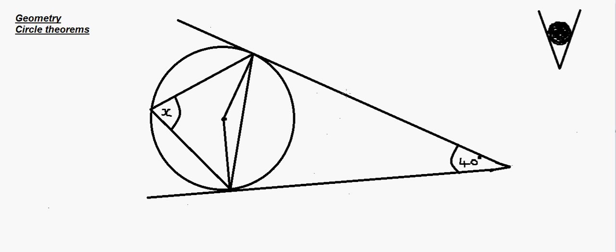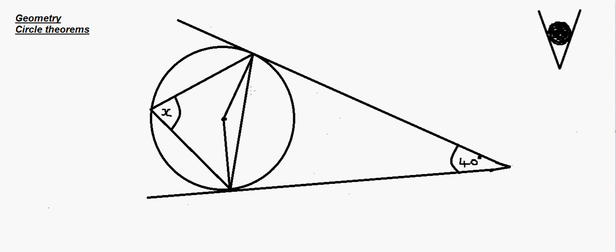As with most things in mathematics, I tend to break it down into 3 steps. What do I know? What do I need to know? How can I get there? The only angle I've got is this angle, 40 degrees, and this circle is touching both lines.